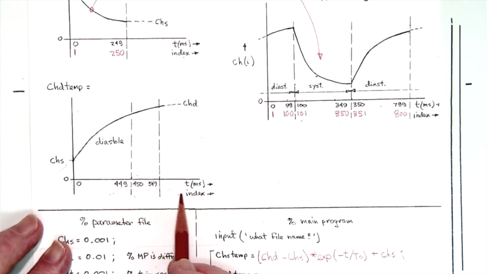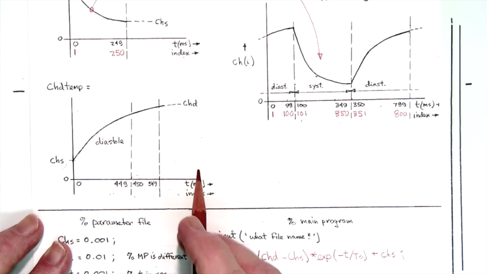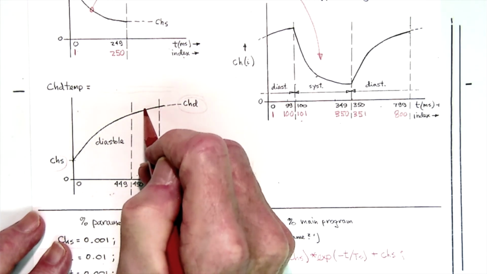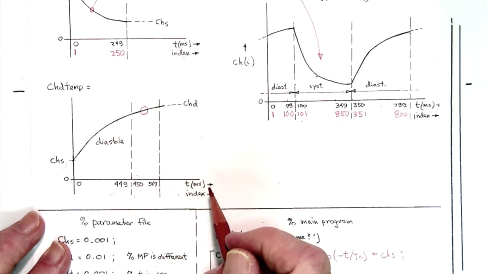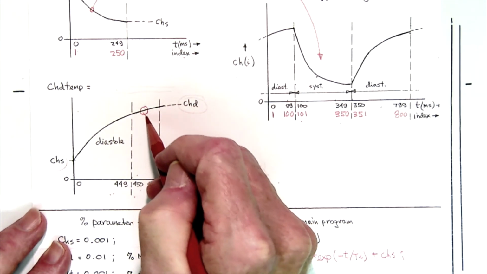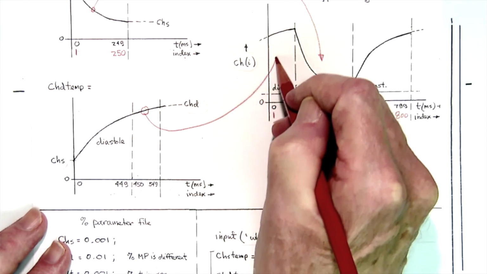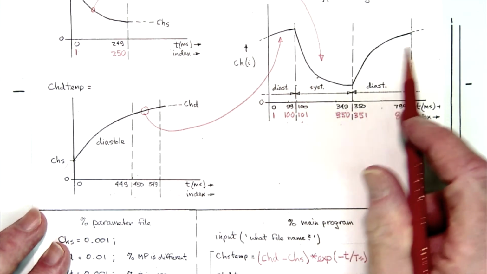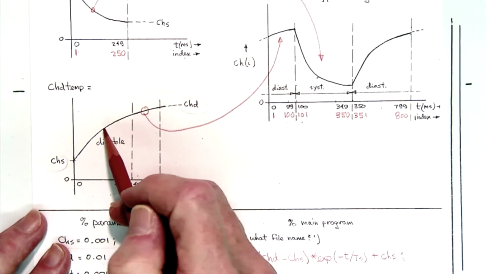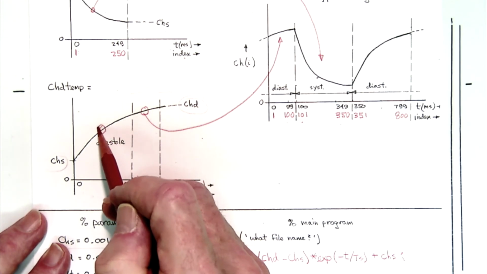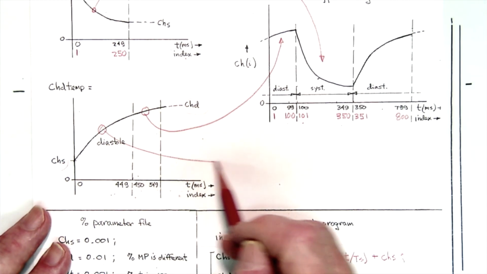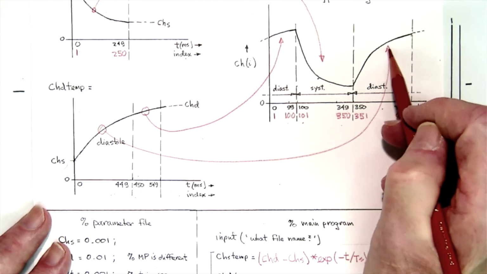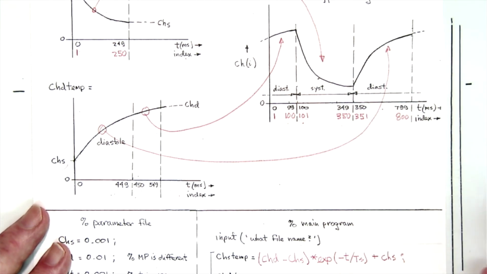I haven't filled it in. You're going to fill that in. And then you're going to take this piece of the diastolic temporary curve, you're going to cut it out by its index numbers, and you're going to stick it right in there by these index numbers in the final CHD curve. And you're going to take this portion, the early portion of diastole, and stick it in there with these index numbers.